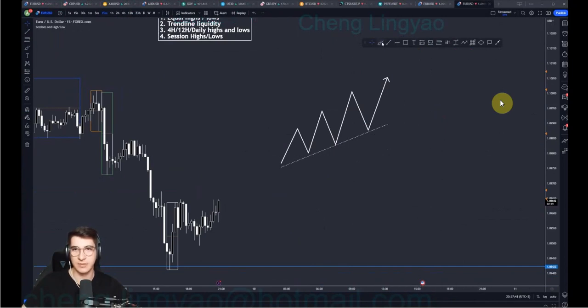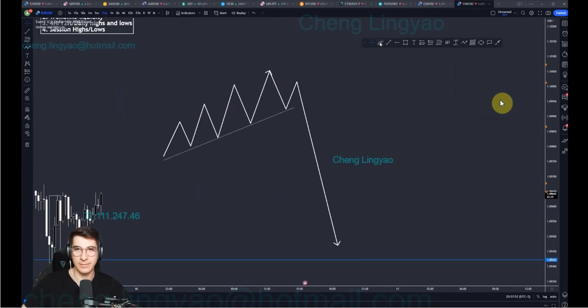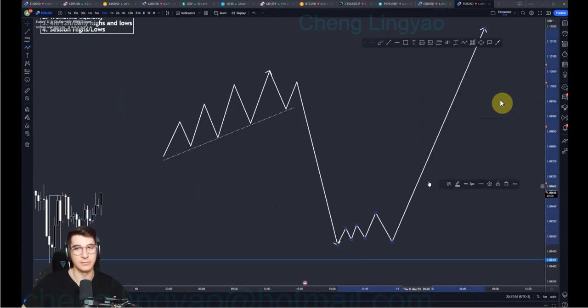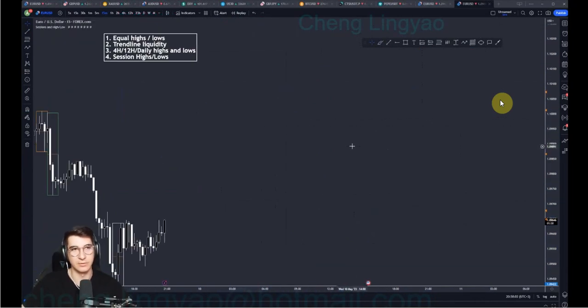So when price is gonna show reversal signs, instead of tapping and having a reaction, it's gonna just drop really hard through the trendline liquidity, taking all the liquidity, and then start building buys again and exploding to the upside. Same thing the other way around. So trendline liquidity, another good liquidity spot that we're gonna use.